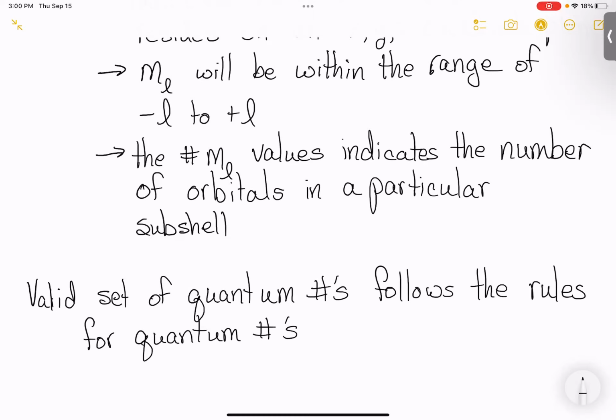We're going to look at what that means in just a second, after I let everybody catch up with my writing. By the way, your quantum numbers are always written in the order of n, the principal, l, the angular momentum, m sub l, the magnetic, and another one we'll talk about in a little bit, which is the m sub s.